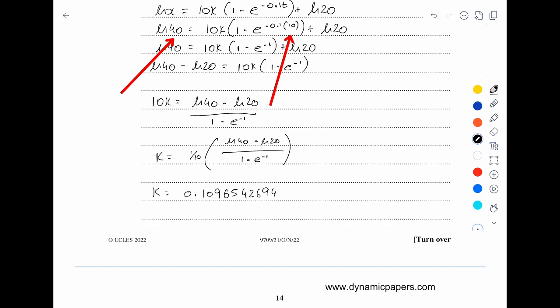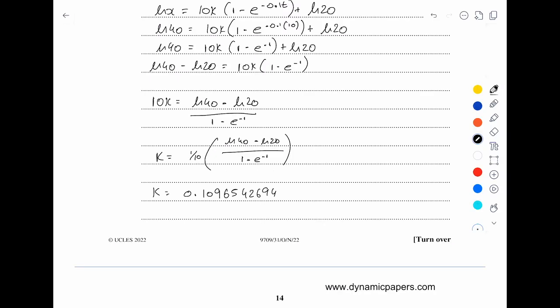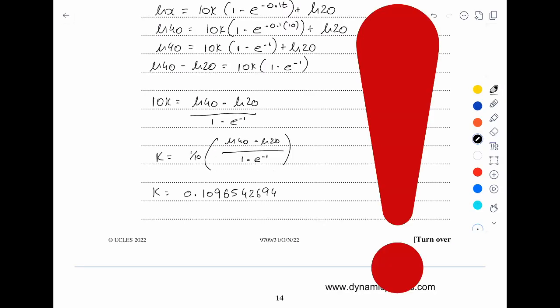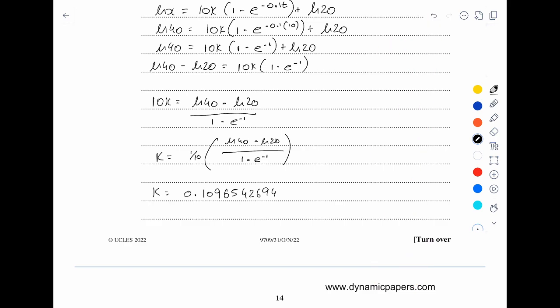This gives us a value of k is equal to 0.1096542694. As a very important disclaimer, from now on, I will be referring to this decimal as 0.11, purely for speaking purposes.